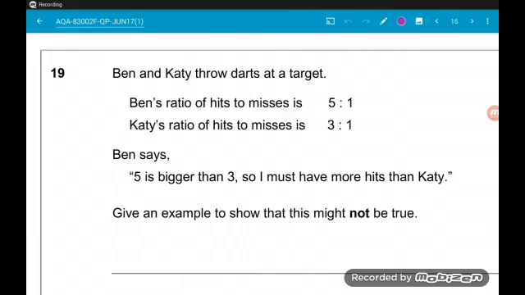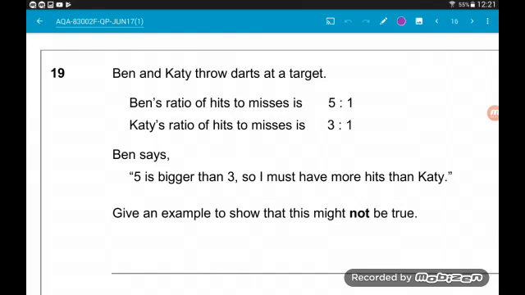Okay, 19. So Ben and Katie are throwing darts at a target. The ratio of Ben's hits to misses is 5-1. Katie's is 3-1. So Ben says 5 is bigger than 3, so I must have hit more targets than Katie.